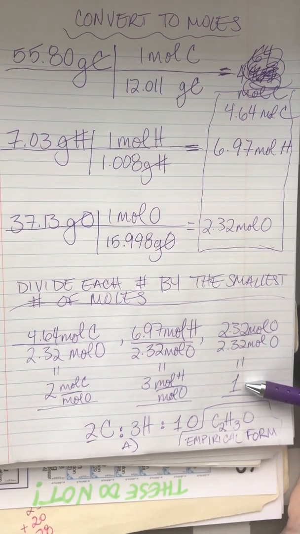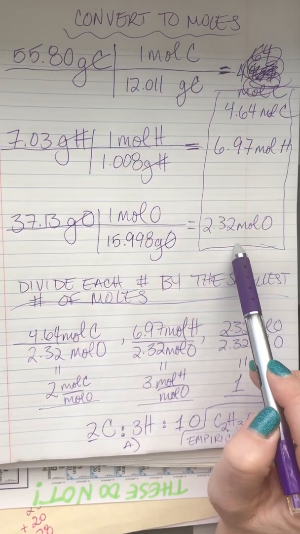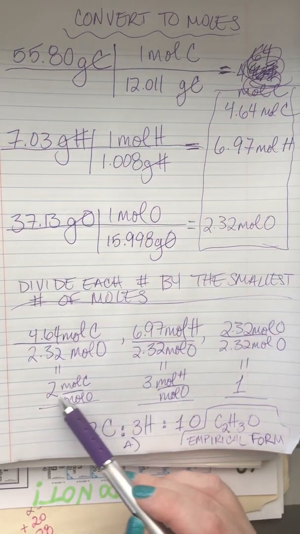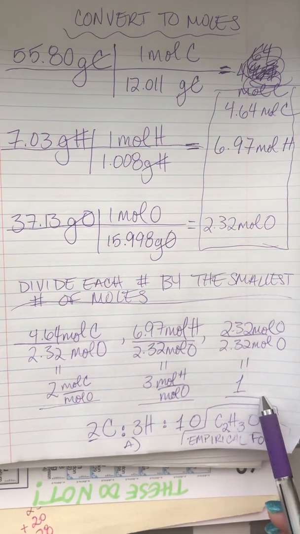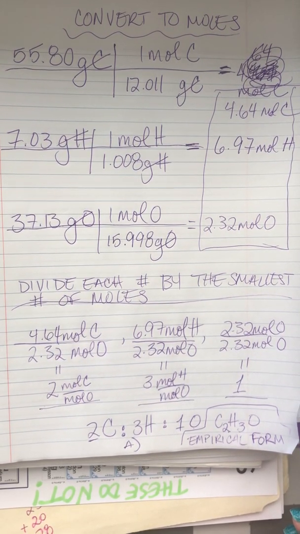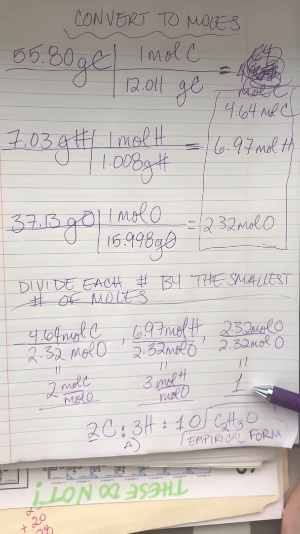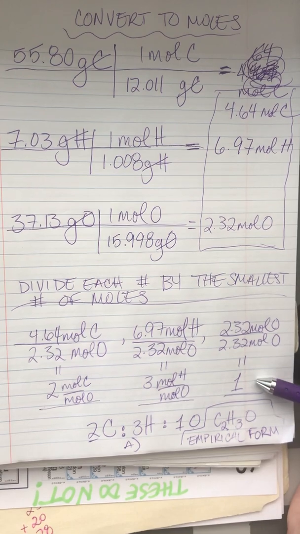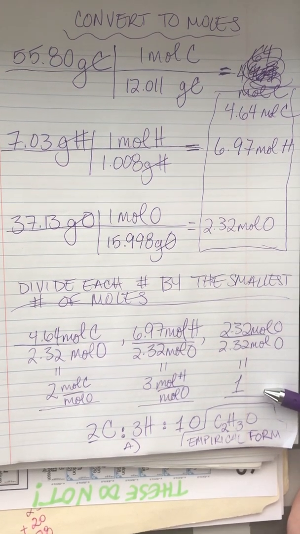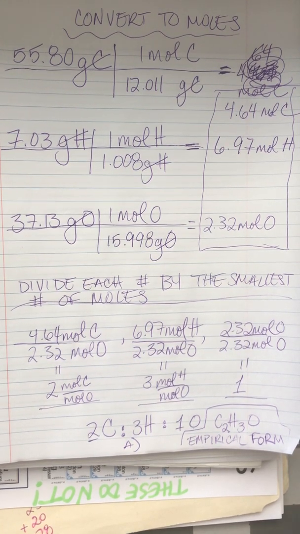If we were to divide by carbon instead of oxygen, we would get fractions, and that's ugly. Nobody wants that. So we divide by the smallest number of moles to ensure that we get as many whole numbers as we can. Does that make sense, guys? Cool. Other questions about that part? Okay.